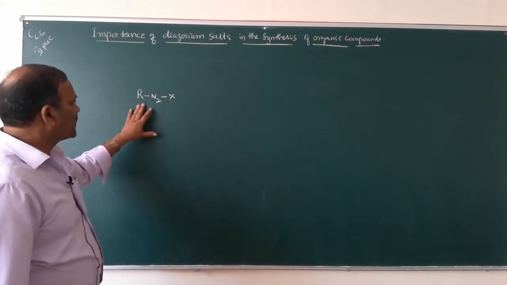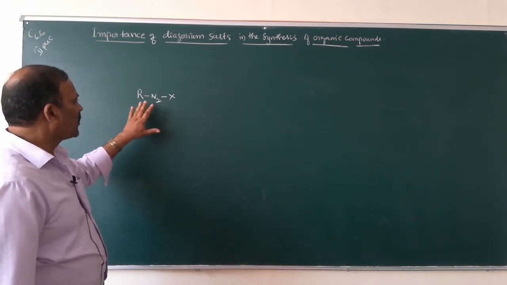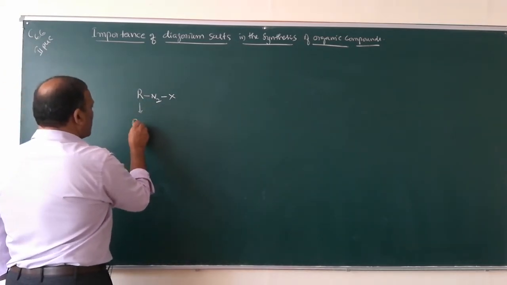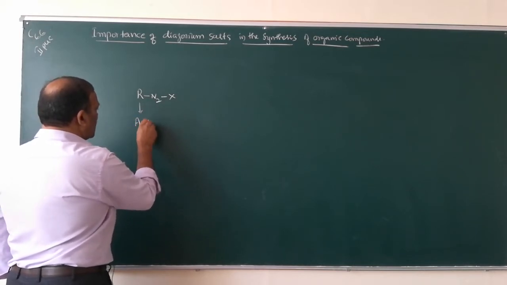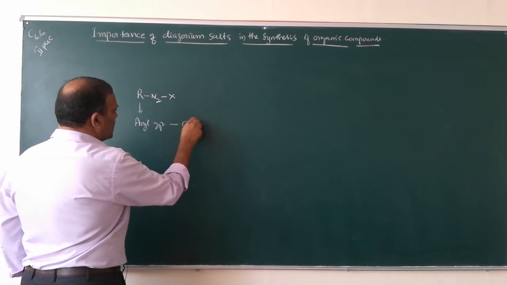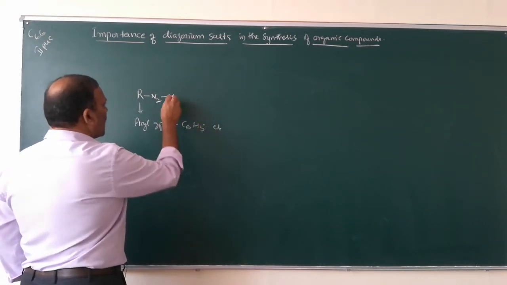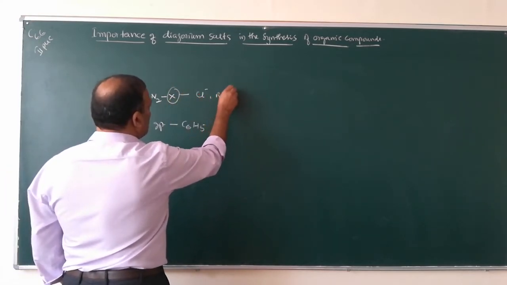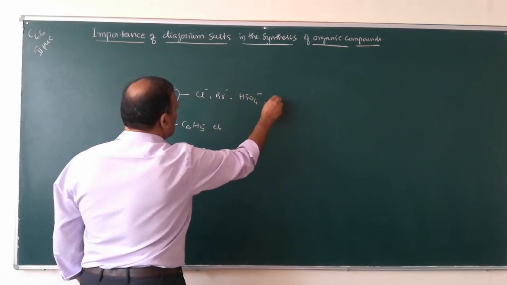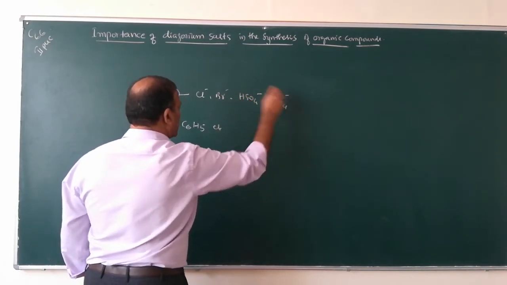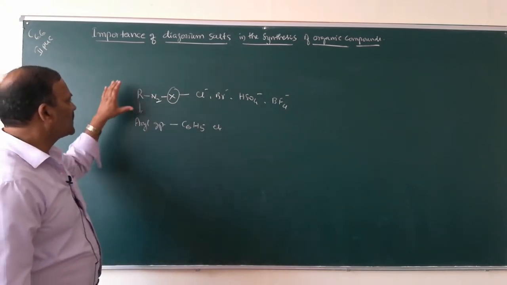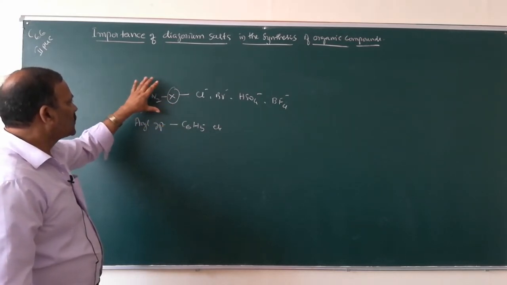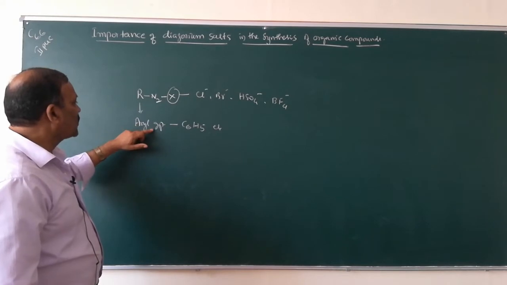Organic compounds having the general formula RN2X are called diazonium salts. Here R is an aryl group, namely C6H5 etc. and X may be Cl minus, Br minus, HSO4 minus, BF4 minus etc. So, organic compounds having the general formula RN2X are called benzene diazonium salts, where R is an aryl group.